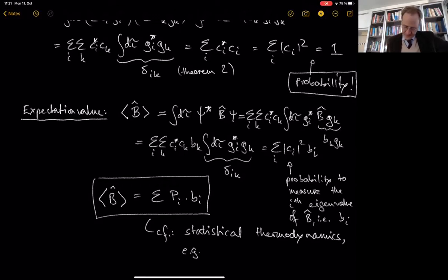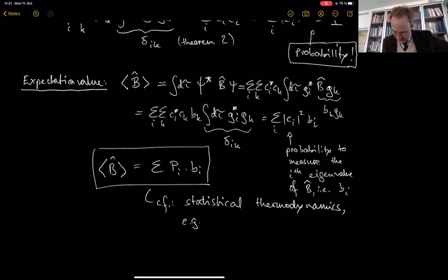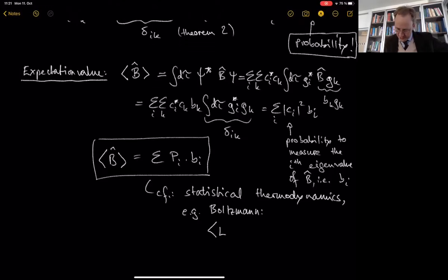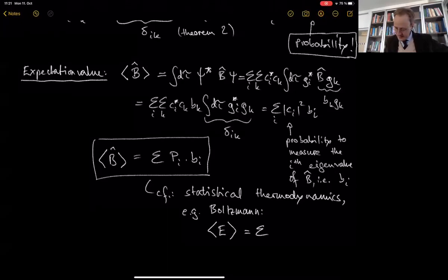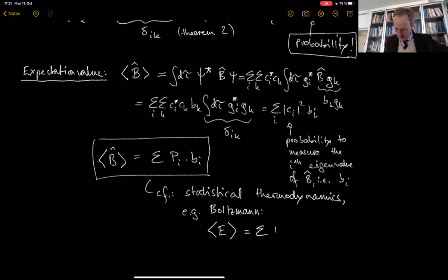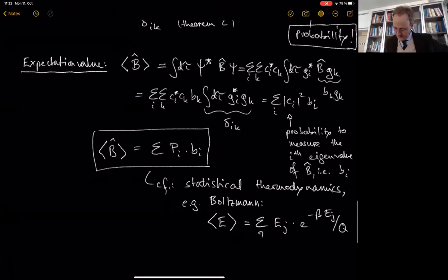For example, good old Boltzmann telling you that the average energy equals the sum over all your states, the energy of that state, times its probability, which is e to the minus beta e_j over some normalization constant. Right? And that is nothing else than the probability of state j.